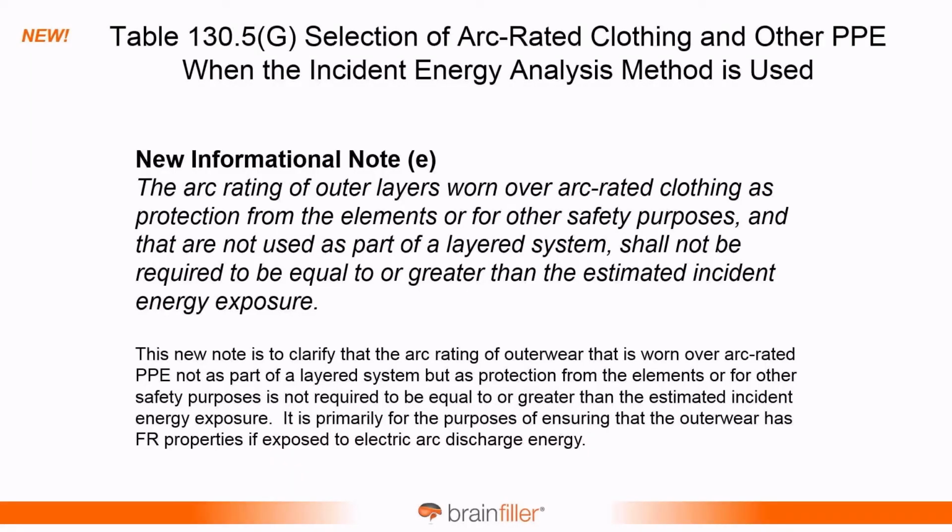What this new informational note is designed for is that you can wear those types of garments as long as they have an arc rating, and the arc rating doesn't have to match what your actual protection requirement is. So the objective is, if there is an arc flash, just to make sure the garment doesn't ignite and keep burning. That's what it's all about. This is actually your primary protection. So there have been a lot of questions about that over the years, and that was a change that was made to the 2021 edition of NFPA 70E.